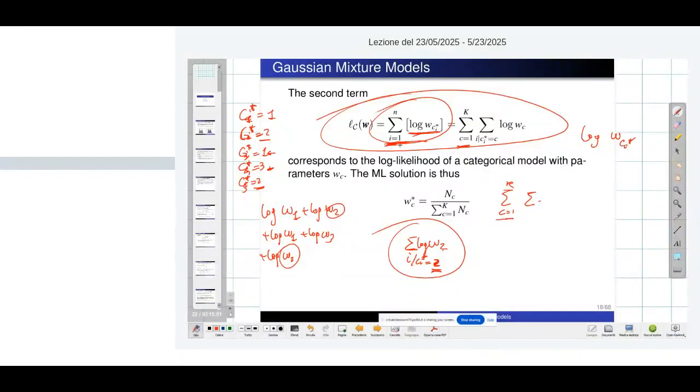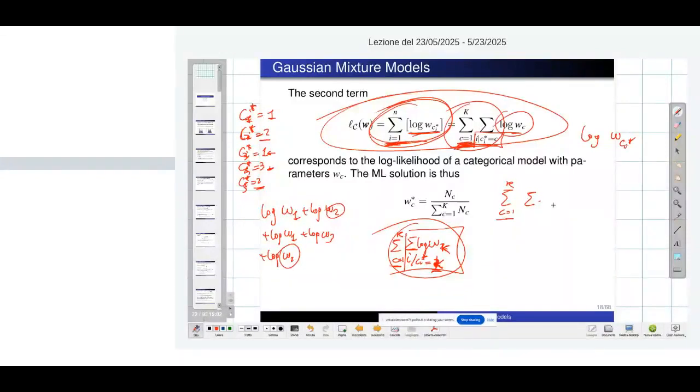Now, I had a sum over samples, and I can transform this into a sum over clusters. If I span over all clusters, I will be counting all the samples. So the sum over samples is a sum over clusters of the contribution of the samples of that cluster, where cluster K is a generic cluster. So I can rewrite this with two summations, the first over clusters, the second over the points in that cluster.